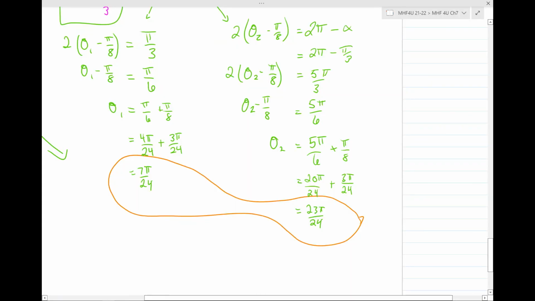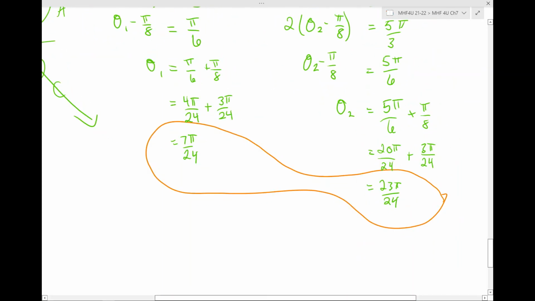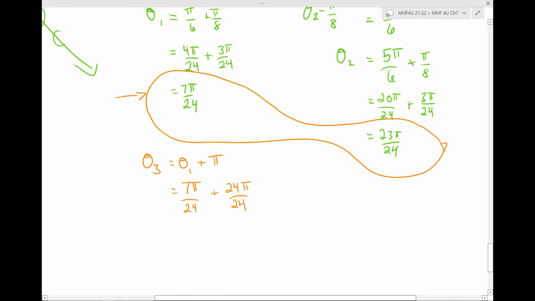So if I'm considering one more period, and my period is pi, then theta 3 is equal to theta 1 plus 1 period, and 1 period is pi. So that is 7 pi over 24 plus pi, or 24 pi over 24, and that is 31 pi over 24.